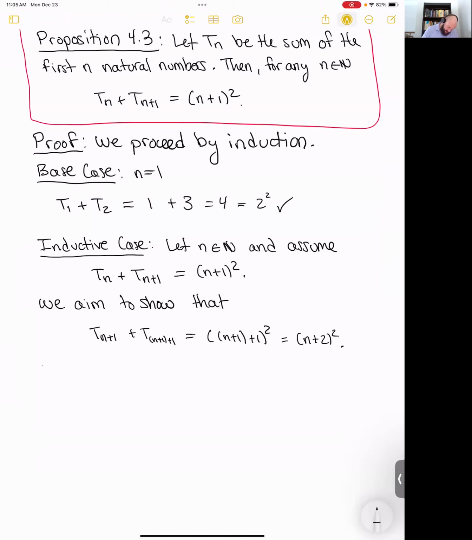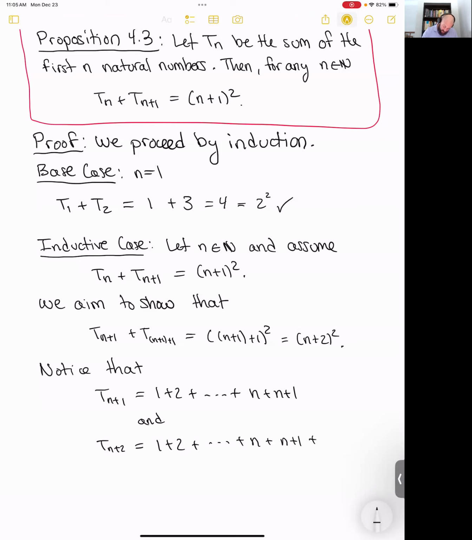So notice that T_{n+1} is equal to 1 plus 2 plus and so on, plus n plus n plus 1, and T_{n+2} is equal to 1 plus 2 plus and so on, plus n plus n plus 1 plus n plus 2. Right?